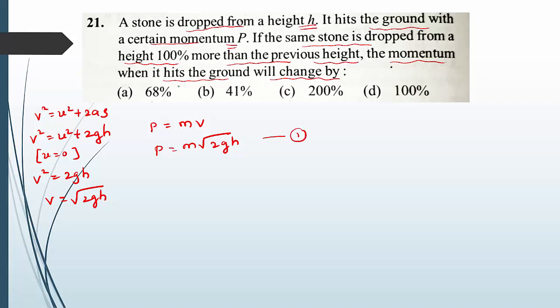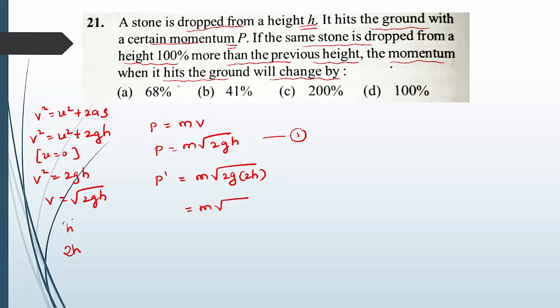When the same stone is dropped from 100% above, if its initial height is h in the first case, in the second case it will be 2h, because it is 100% more than the previous height. So in the second case, we can consider P dash equal to m into square root of 2g into 2h, because height is doubled here.